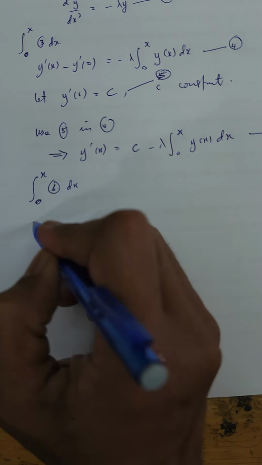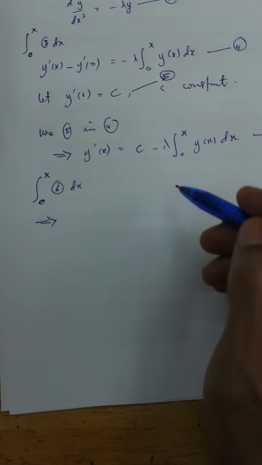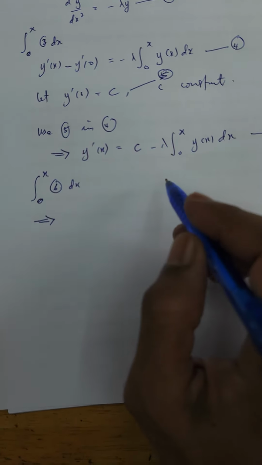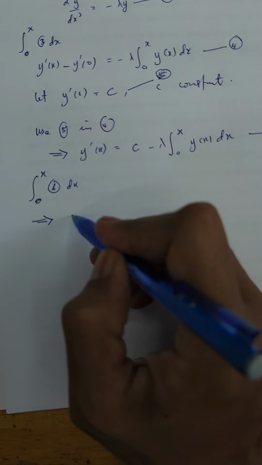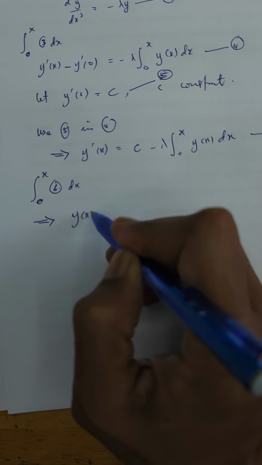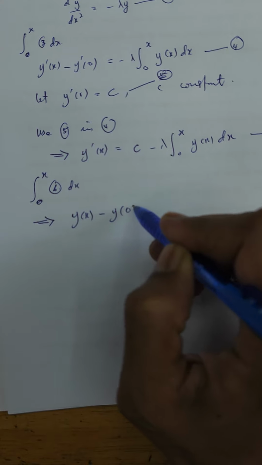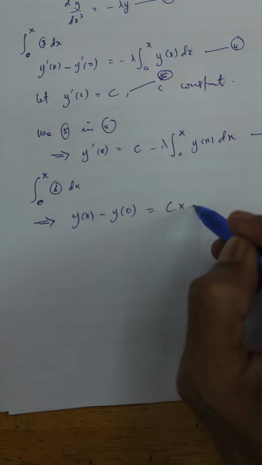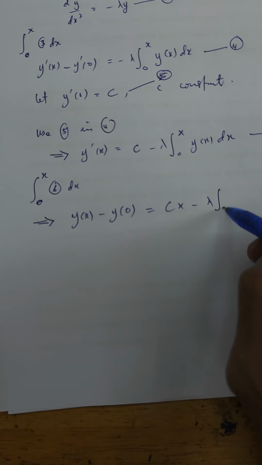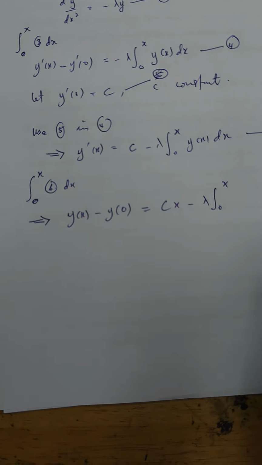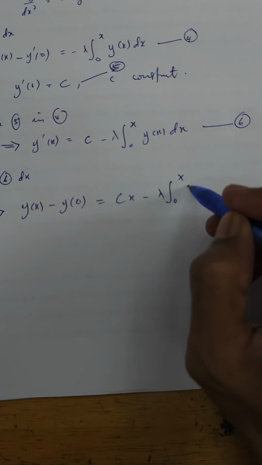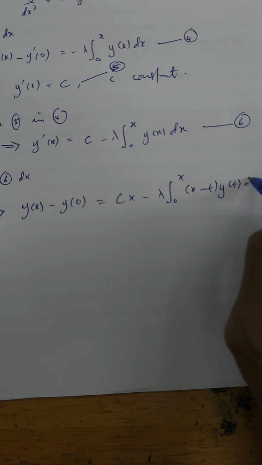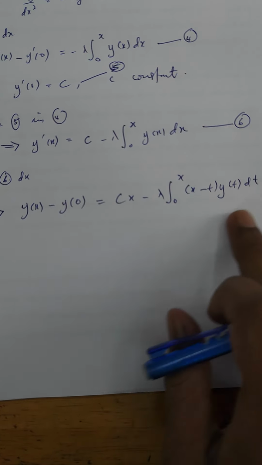So what we have is y(x) minus y(0) equal to, integrating those, c x minus lambda integral from 0 to x of (x minus t) y(t) dt. Now how to get this?